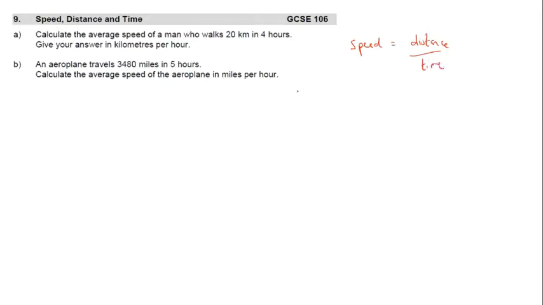Okay, so question A, what do we know then? So look at the average speed of a man. He walks 20 kilometers in 4 hours. So the distance is 20 kilometers, and the time taken is 4 hours. So remember, speed is distance divided by time.